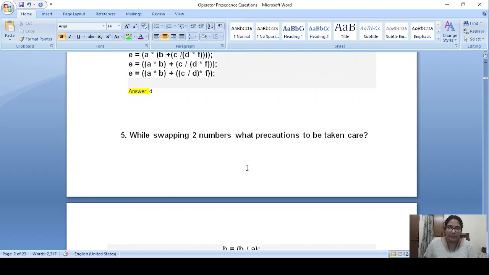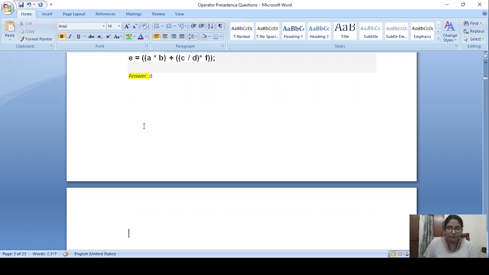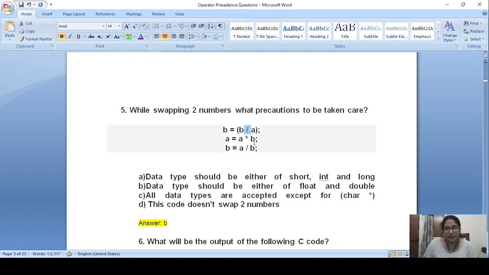Okay, let me tell you one thing. Whenever you are using the division operator, and if any of the variables is int, like int with float, int with double, or int with short, then int affects the output.